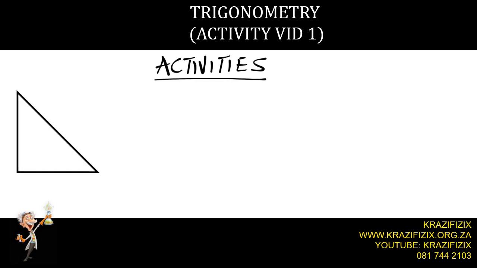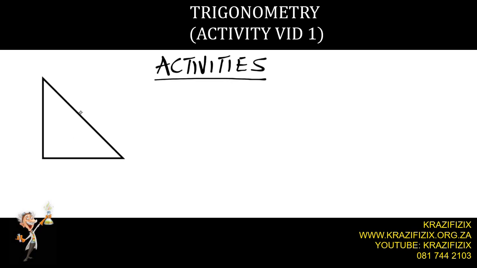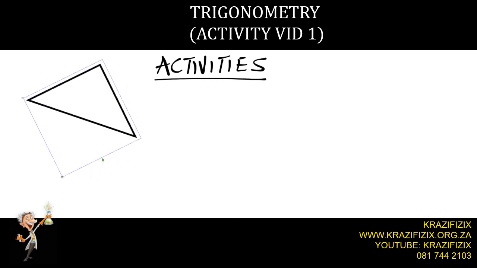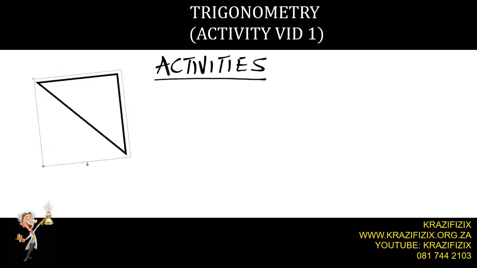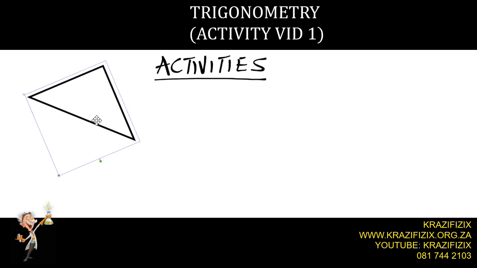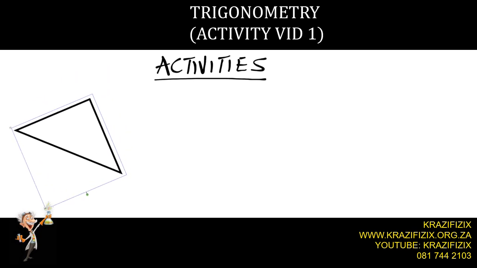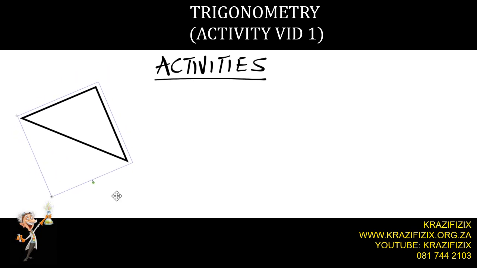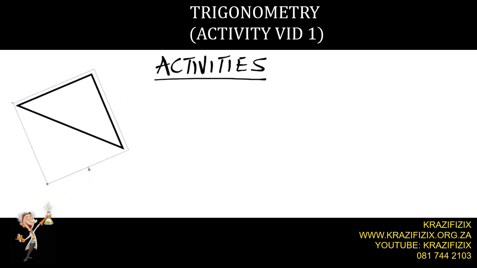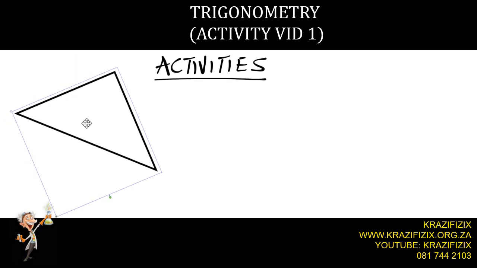We have this triangle, but the thing about this triangle is it is flipped over just like that. So don't always expect the usual oriented triangle. Things could just be flipped whichever way.